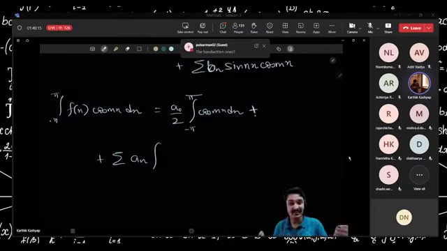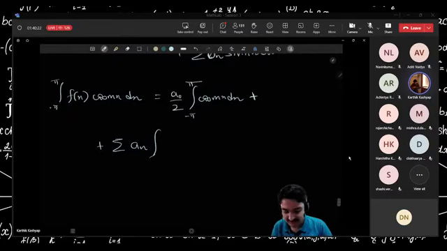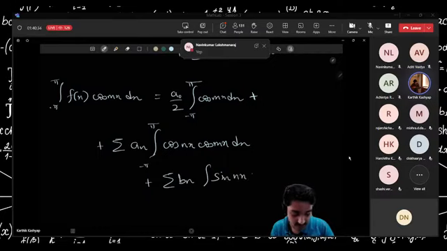Sorry, the cos mx is not constant. It is a function. So only an is constant. So we can just write an outside and integral of cos nx cos mx dx from minus pi to pi, and then sigma bn integral similarly for sin nx cos mx dx from minus pi to pi.